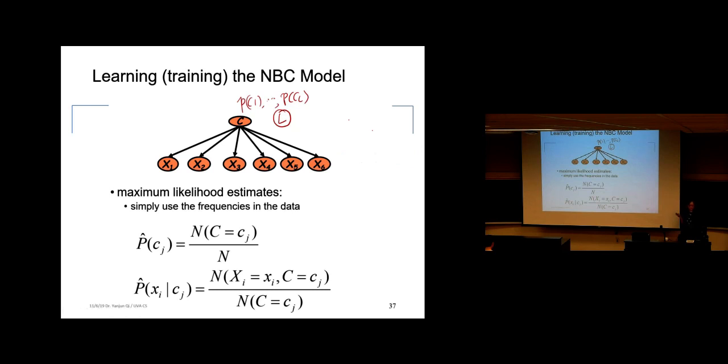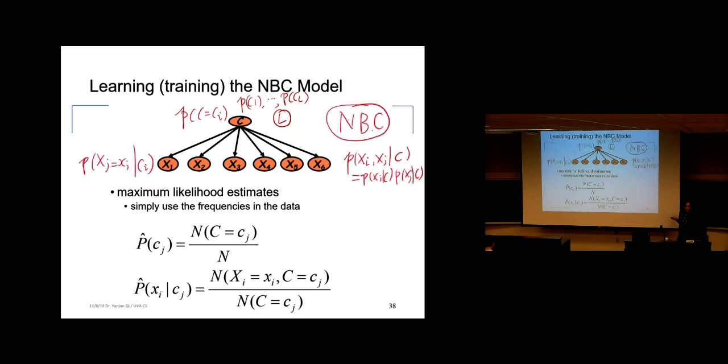Whatever I did before is essentially assuming a multinoulli distribution. That's why the parameter estimation, or MLE solution, can be obtained through counts: the number of times xi takes the specific value while C is a specific Cj, over the number of times the specific Cj exists in your training data. So this is everything we covered.